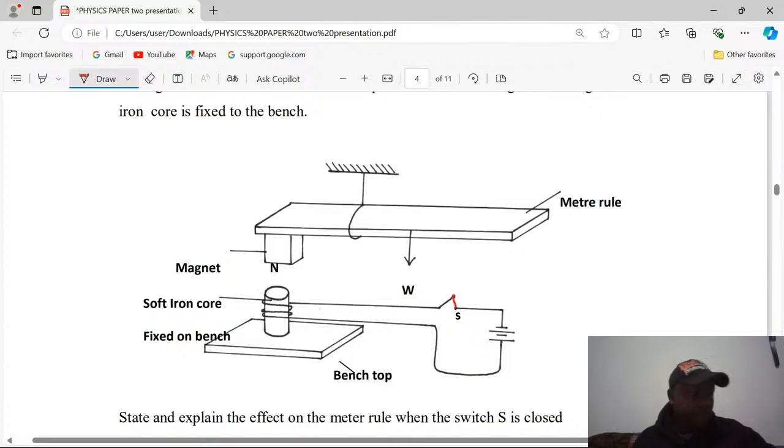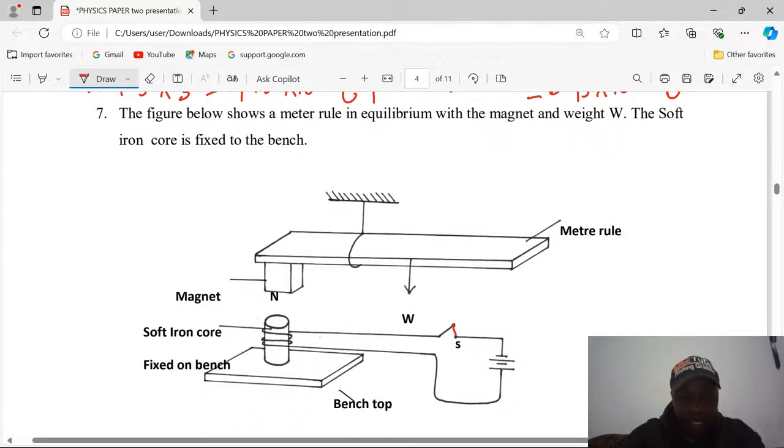As we do, we will ask ourselves a few things. When the current flows, what kind of polarity is going to be formed on the upper side of the soft iron core? That polarity is the one to help us know whether the magnet on the meter rule is going to be pushed up. Remember, it has a north there.